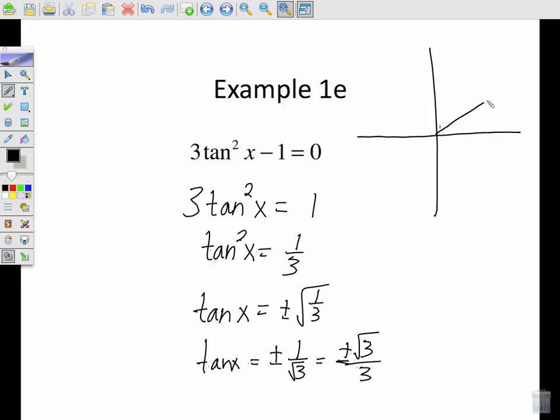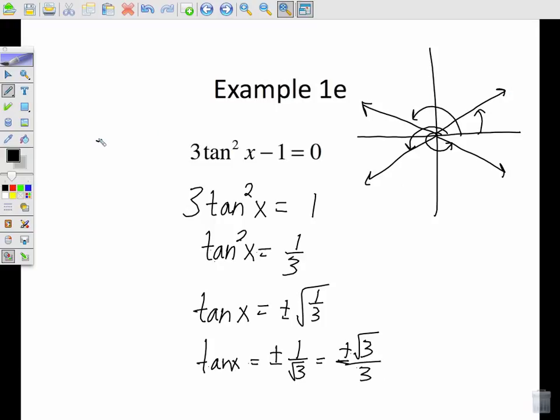So on my unit circle here, where's tangent root 3 over 3? Well, that always occurs at all of the 30-degree reference angles. So here, it would occur there. And we're dealing with plus and minus, so we're going to have all 4 answers. There's another solution, and then, of course, in quadrant 4. So we need to come up with all 4 of these radian measures.